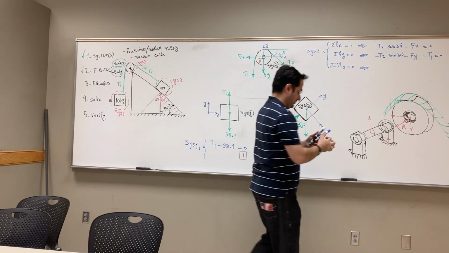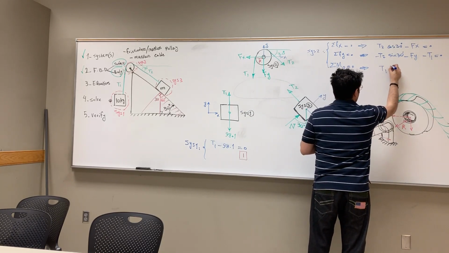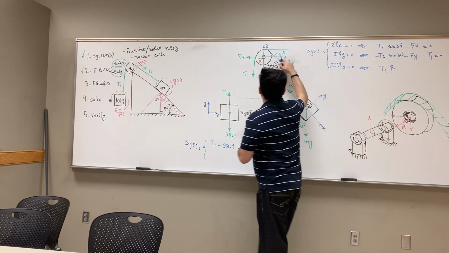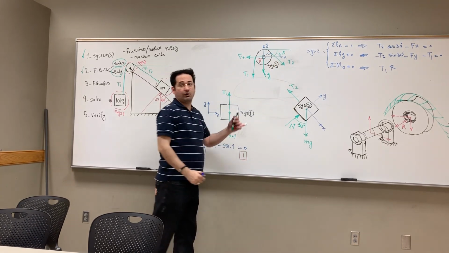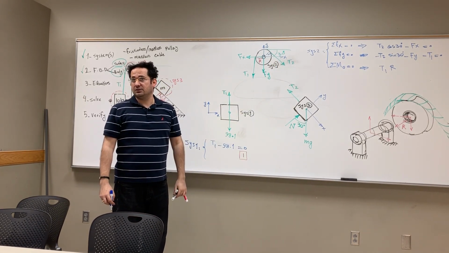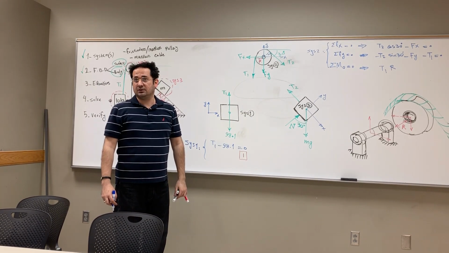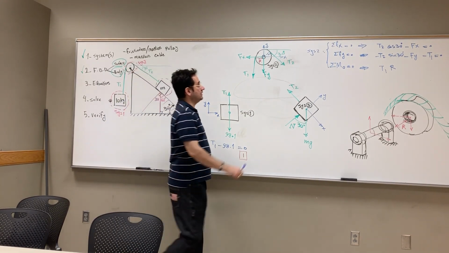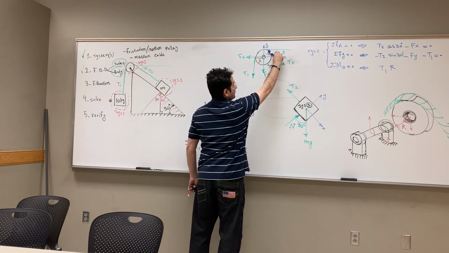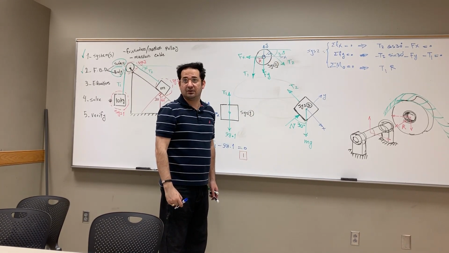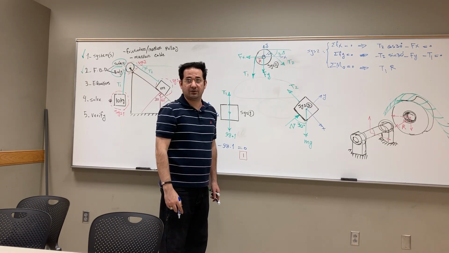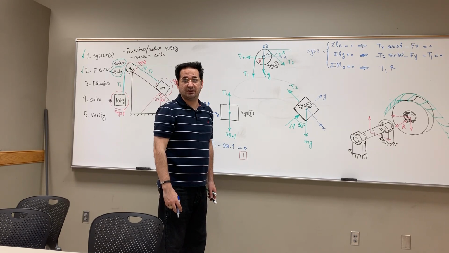T1R. Positive T1R. Now we go to the last one. This guy is normal to this distance. So what's the moment coming from T2 with respect to this center? R times T2R, right? Positive or negative?